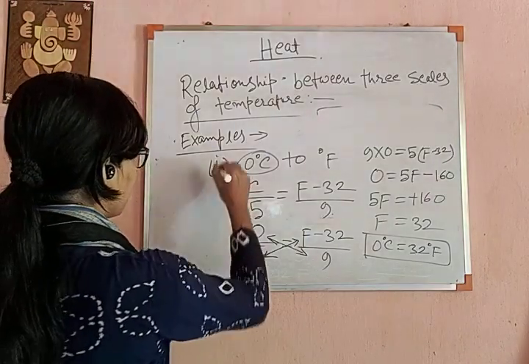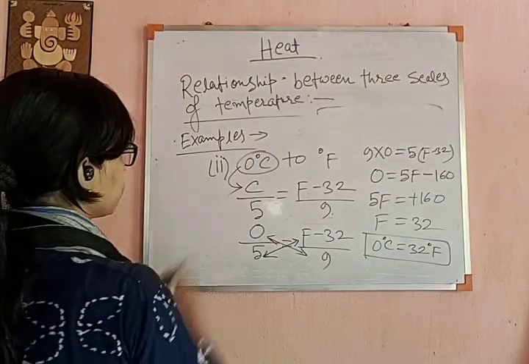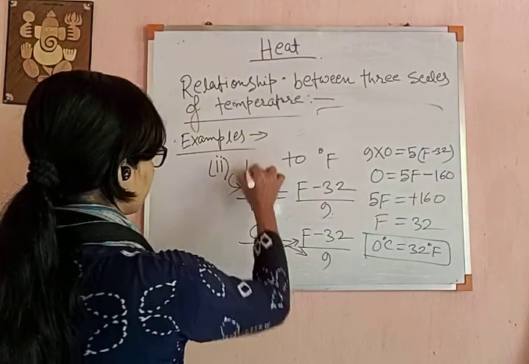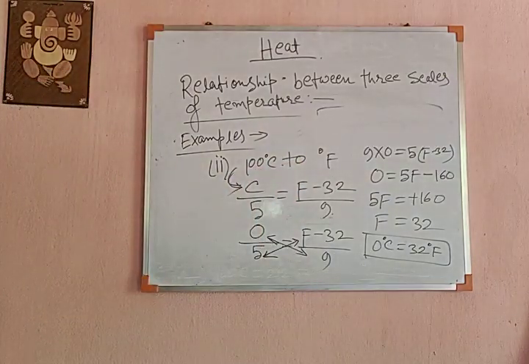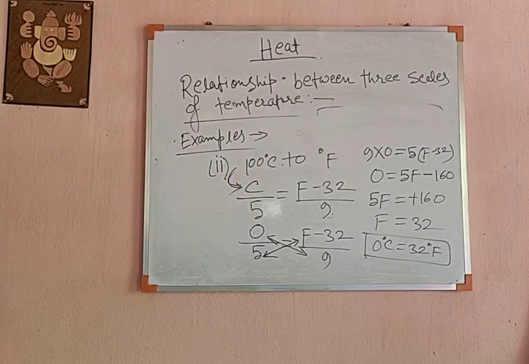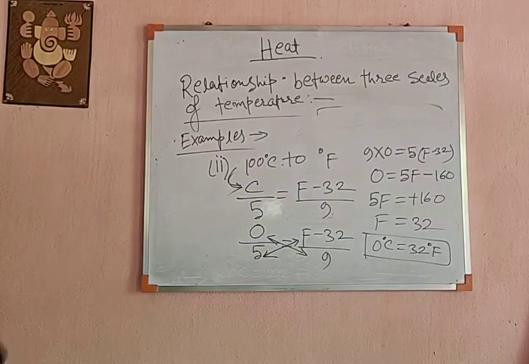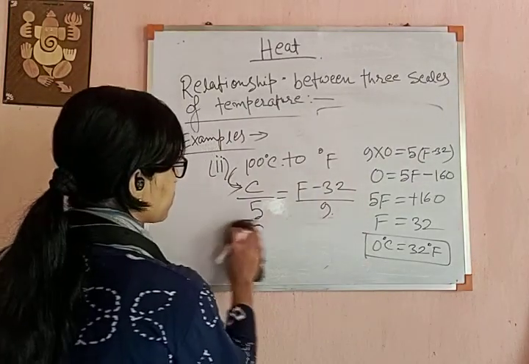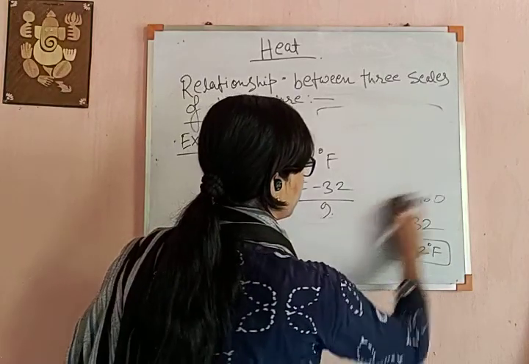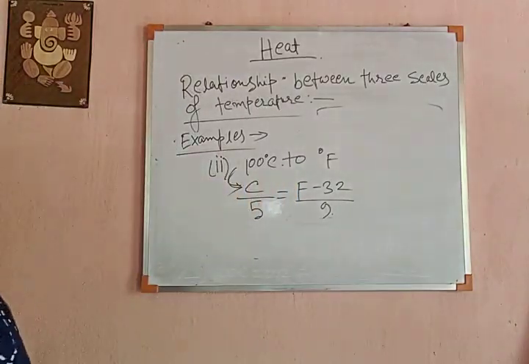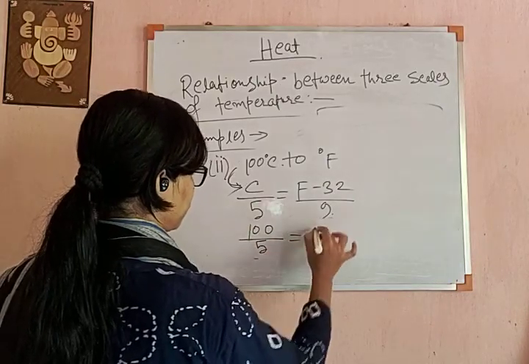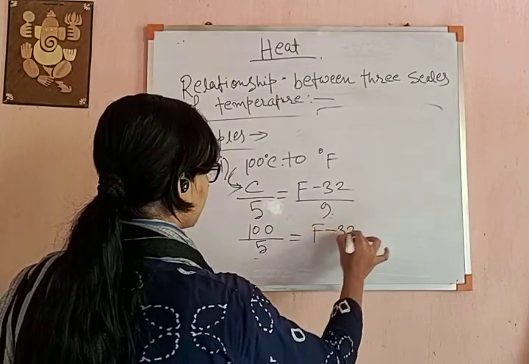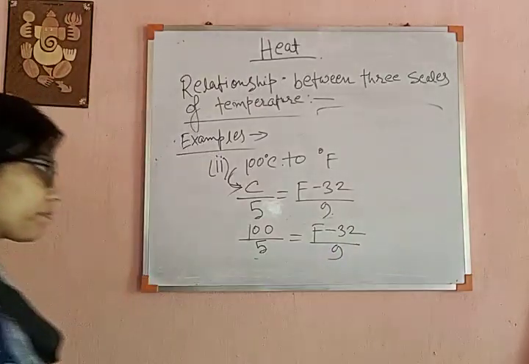So the second example, in a similar way, just put the Celsius value in the expression that we have drawn and apply cross multiplication. So putting 100 by 5 equal to F minus 32 by 9.